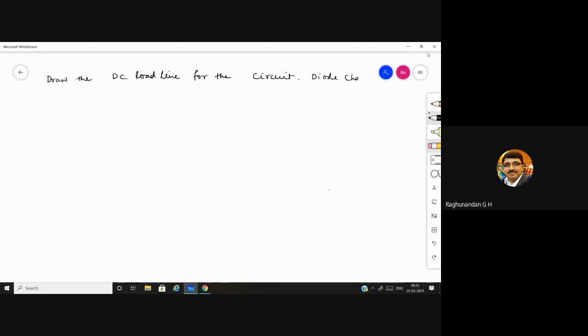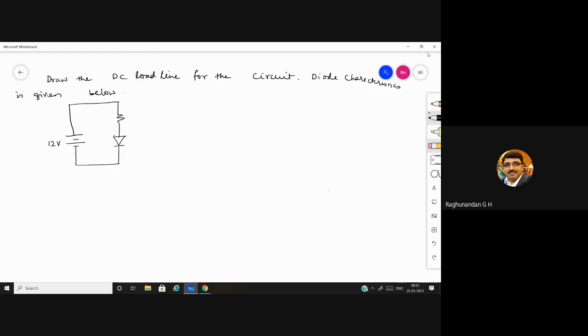Diode characteristics are given below. So it is just a problem for understanding the concept. So we have taken a simple diode.